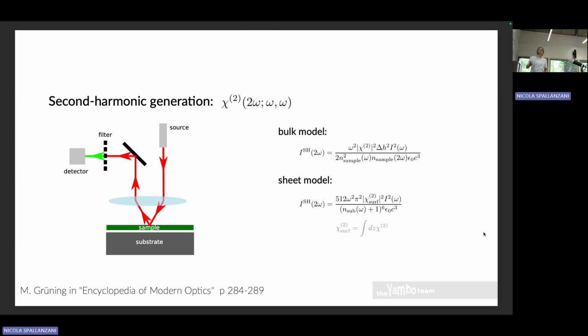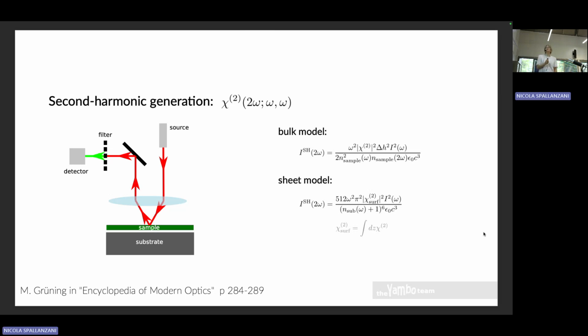So there are some groups, and this was the origin of the huge difference that was shown by Eleonora: they take a 2D material for which you would need a sheet model, and then they apply the bulk model, and can get a value for chi2 which is 100 times different.